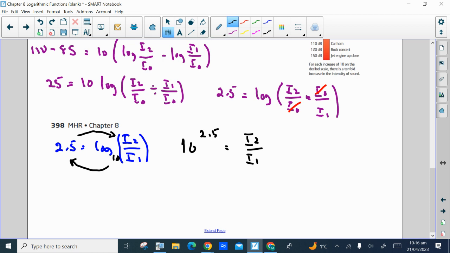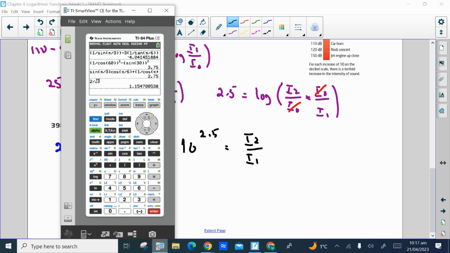We now have that expression by itself, isolated. And so our answer will be whatever 10 to the power 2.5 is. It's approximately 316 times more intense.